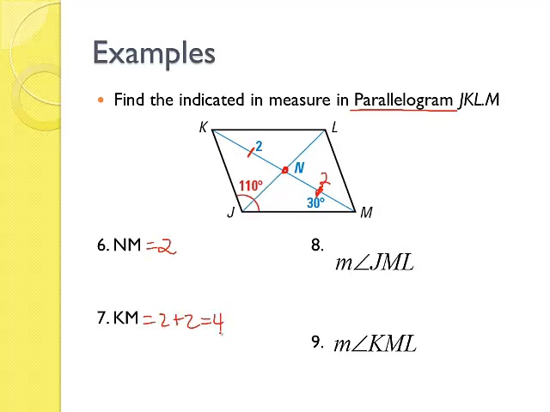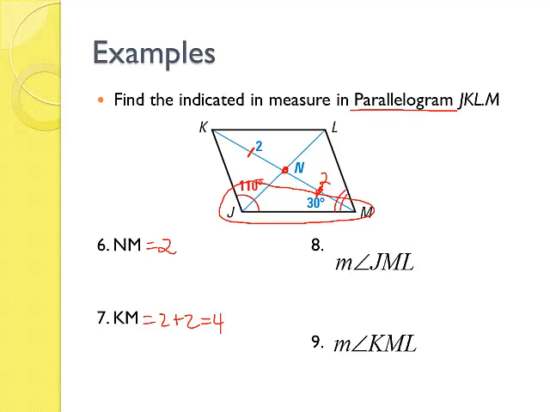Okay, now let's talk about the angles. We have the measure of angle JML. Well, we know the measure of angle KJM is given as 110 degrees. JML is this angle over here, which we need to find. So remember, in a parallelogram, these two angles are called consecutive angles.